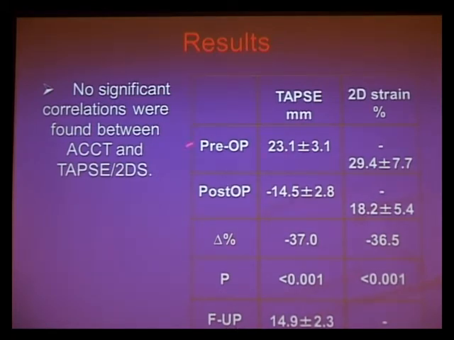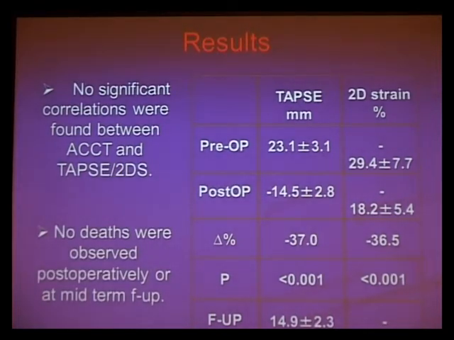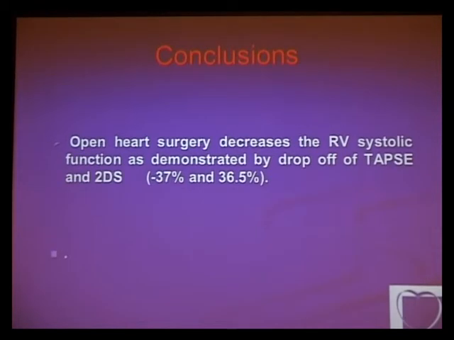You see that those patients had a reduction from preoperative to postoperative function, measured either by TAPSE or by 2D strain. This was a really significant reduction in right ventricular function despite good myocardial protection. But no deaths were observed in this group of patients. The conclusion is that open heart surgery decreases right ventricular systolic function.